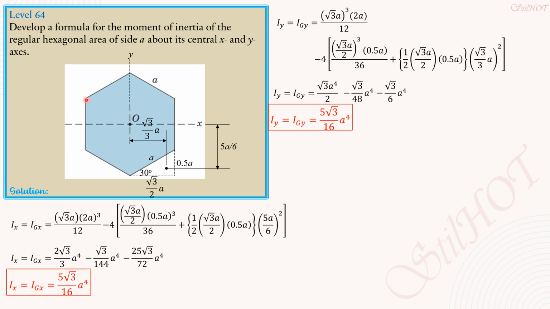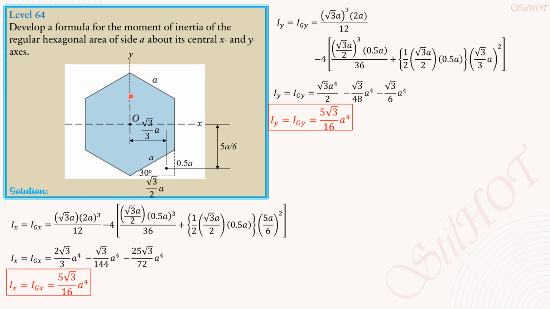The other way of computing Iy is the moment of inertia of this rectangle here. This inner rectangle has a dimension of square root of 3 a, and the height is a because this is the side a. So square root of 3 a quantity cubed times a over 12. Then plus, there are 4 identical triangles.